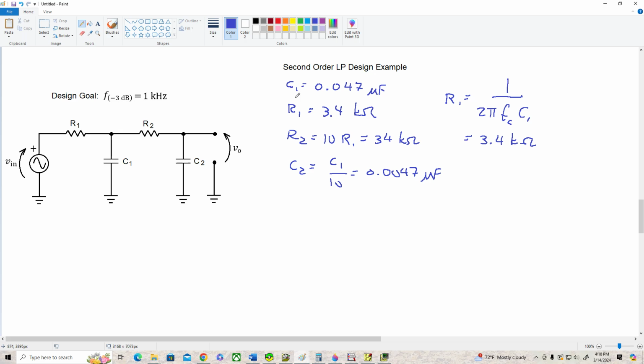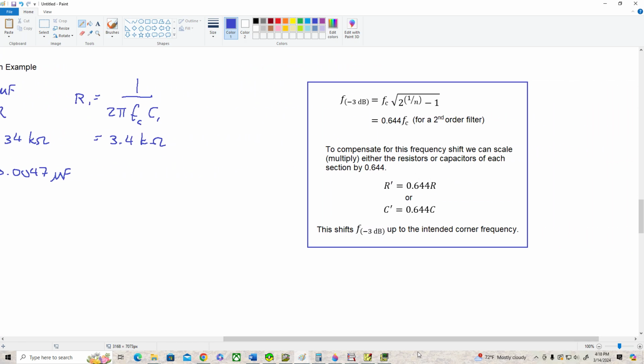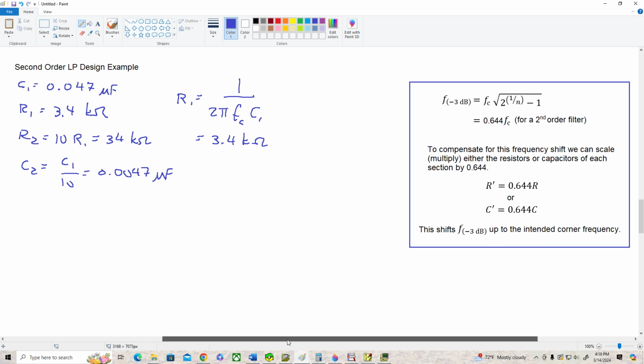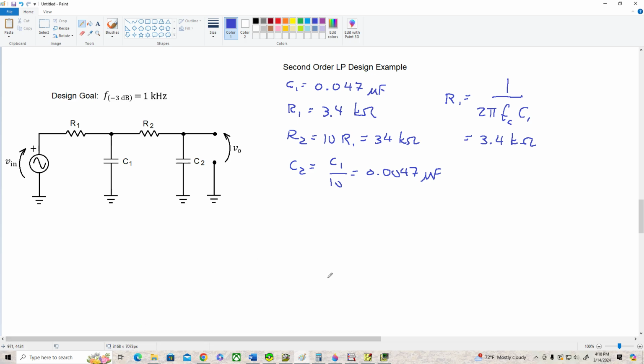But remember, because this is a second order filter, we have to apply a correction factor, right? So what's the correction factor? It's 0.644 for a second order filter. So let's come back over here and let's multiply our resistors by 0.644.